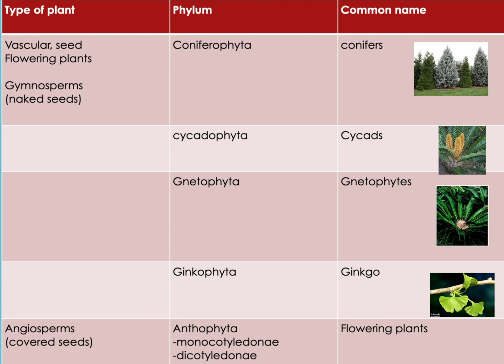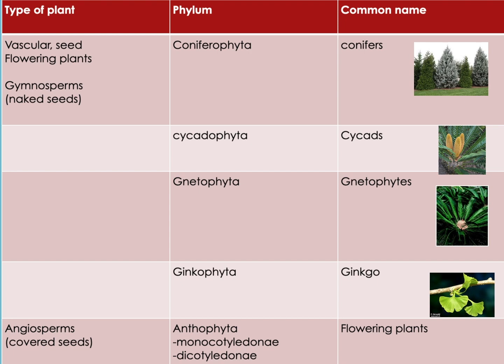The next vascular plants that we are going to explain are the seed plants. The seed plants are divided into two: the naked seed, which are in the division of gymnosperms, and the covered seed, which are the angiosperms.